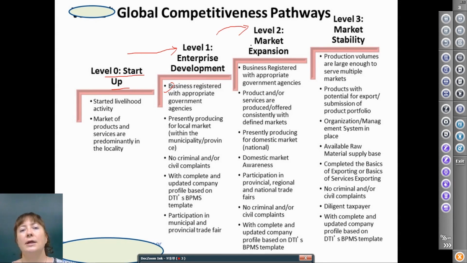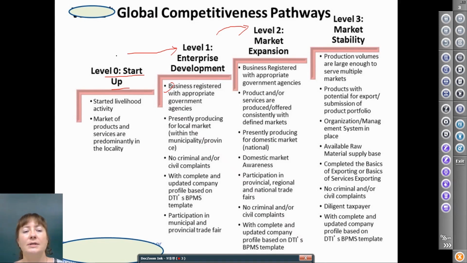So actually, if we try to compare these levels with the different types of our global strategies, I hope that you remember from the previous topic that I showed you different types of global strategies, and usually we start with the local business strategy and move to the global business strategy. So here we have the same application.